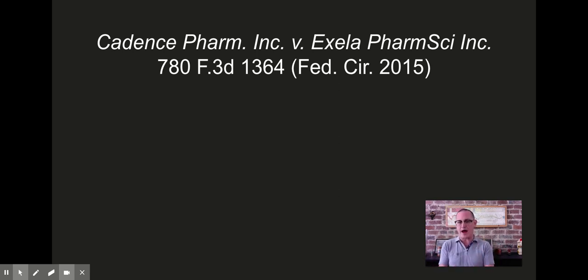I mean, your patent literally explicitly claims adding the active ingredient, then deoxygenating. We're deoxygenating first and then adding the active ingredient. Those aren't just different, they're the opposite, right? How can we be infringing under the circumstances given that your patent literally claims one thing and we're actually doing the opposite thing? Cadence says, well, no, those are equivalent.